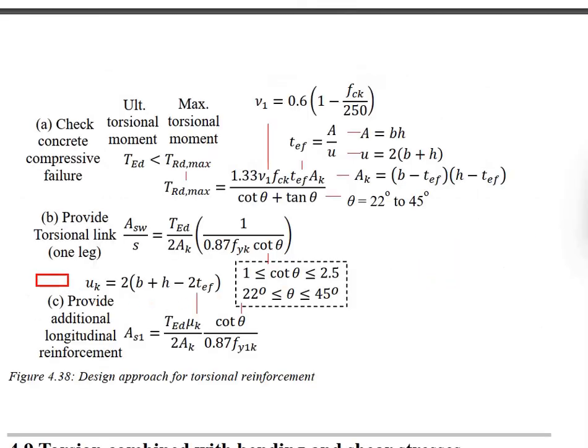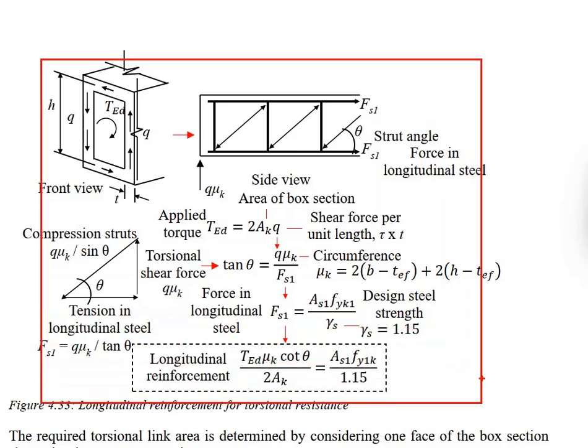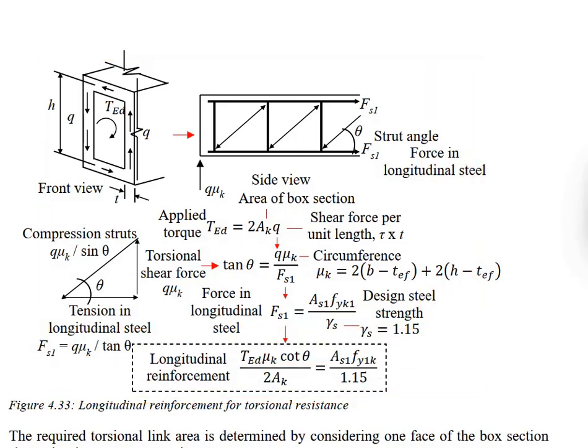After that, you will proceed with using these formulas to determine the longitudinal reinforcement. Again, use the data as obtained from the shear load design. And where does this formula come from? It comes from the derivation process of the imaginary truss model, which we have discussed in our previous videos.